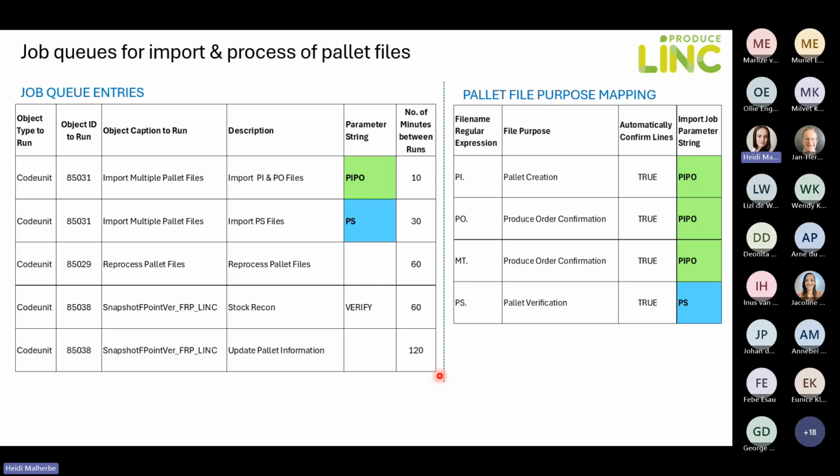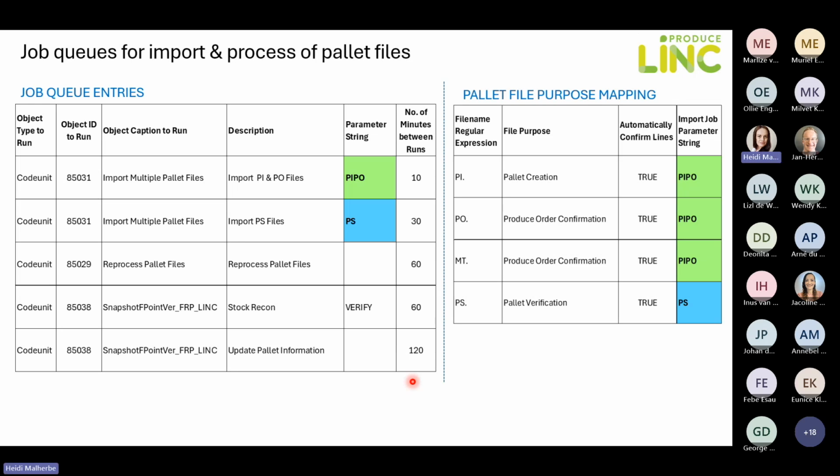A lot of it depends, I guess, on how many locations you have, how often you do get stock files. You can just keep in mind, set up a job queue to run at intervals of minutes between runs, like I have done over here. Can be long, it can be shorter. The other option is to set up job queues to run at very specific times, fixed times throughout the day.